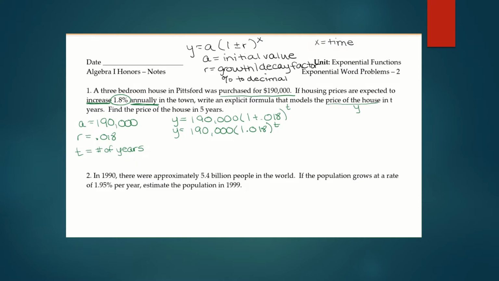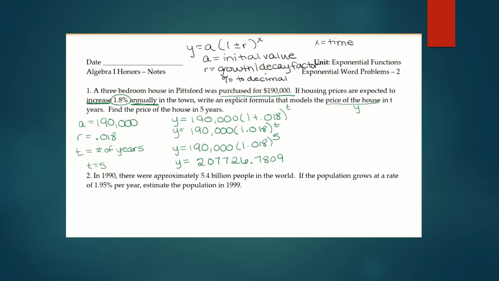So we are looking for the price of the house in 5 years. So that means we're going to use a t value of 5 in this case. All right, so plugging into our formula that we wrote, I'm going to replace t with 5, and I'm going to go to my calculator. 190,000 times 1.018 raised to the 5th power. And we are looking at, so I'm going to give you everything that I see on my calculator right now. 207,726.7809.